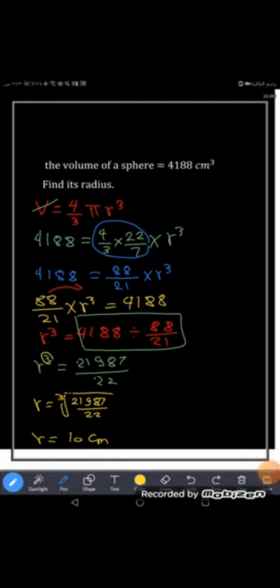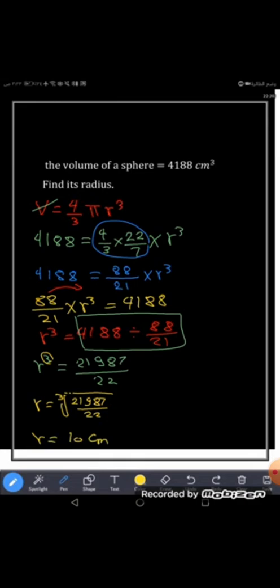Another example, the volume of a sphere equal 4188 centimeter cube. Find its radius. Volume for sphere equal 4 over 3 by pi r cube.